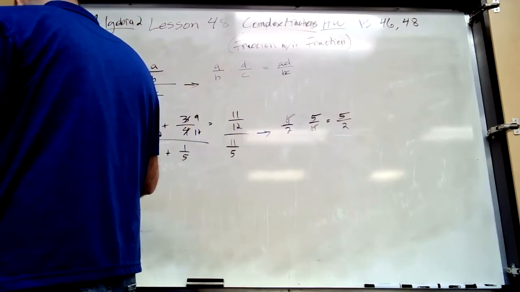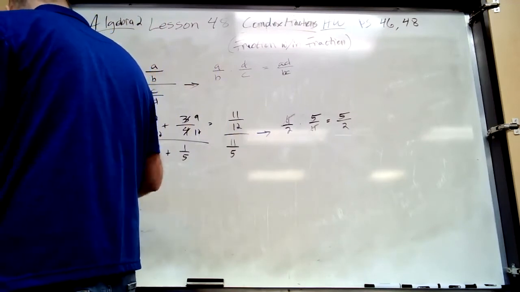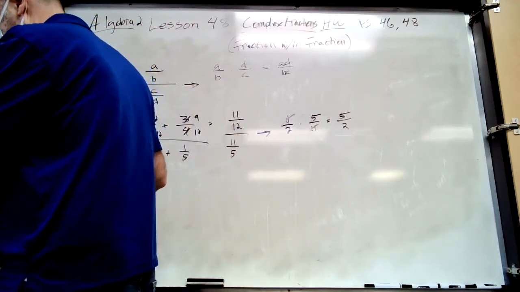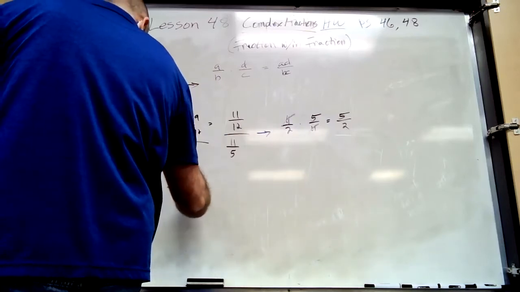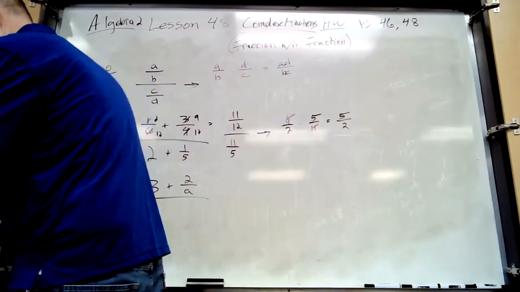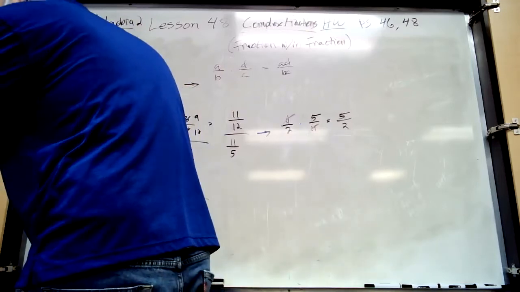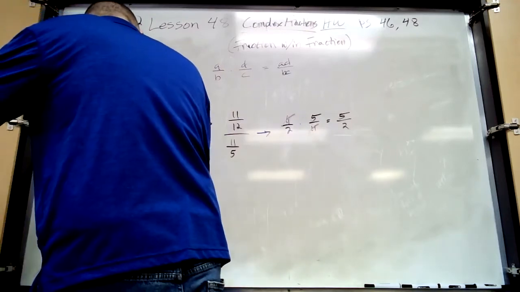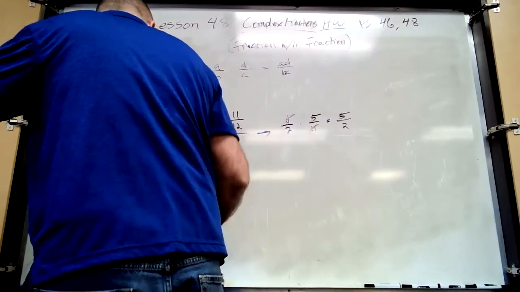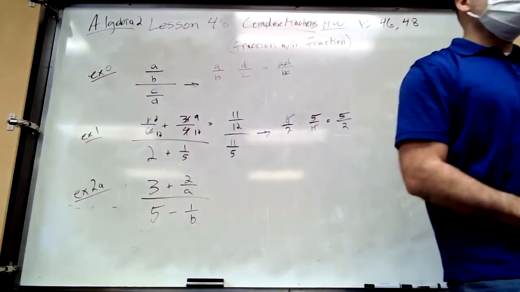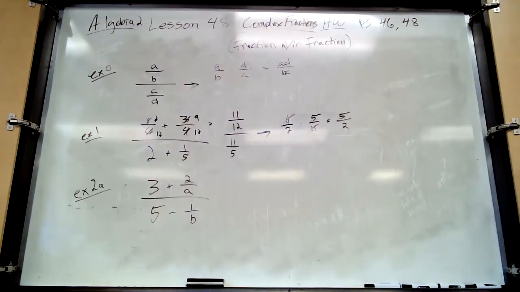So here's example 2A. That means there's a 2B coming. 3 plus 2 over A, over 5 minus 1 over B. So we can do what we just did on the top.